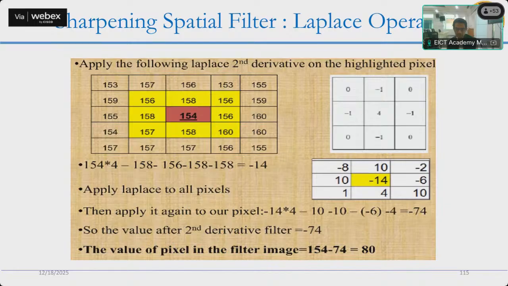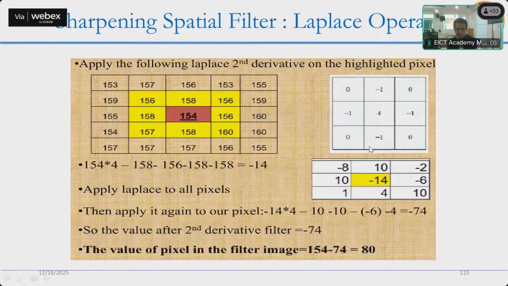What we are saying, it is minus 14 minus 6 multiplied by minus 4, minus 10. Here you will get minus 6 plus 6, here you will get minus 4 and here you will get minus 10, right?